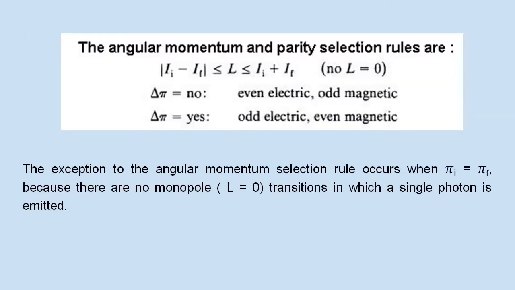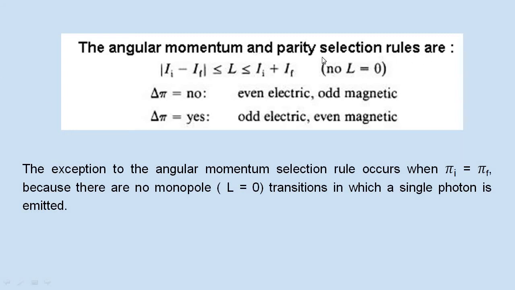So now we can specify the angular momentum and parity selection rules as: the L value should be between II minus IF to II plus IF. It means L is greater than or equal to II minus IF and less than or equal to II plus IF, and no L equal to 0.